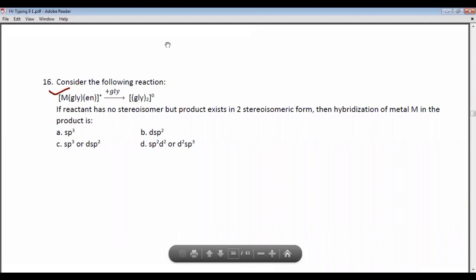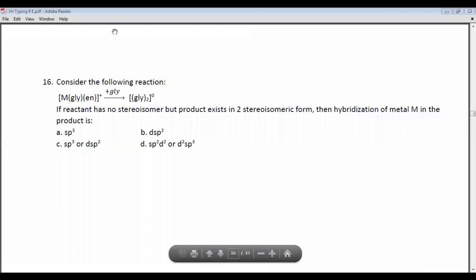The next question, consider the following reaction. M(en)2 2+ goes to M(gly)2. So ethylenediamine is replaced by gly and becomes M(gly)2, charge 0. If the reactant has no stereoisomer, but the product exists in stereoisomeric form.